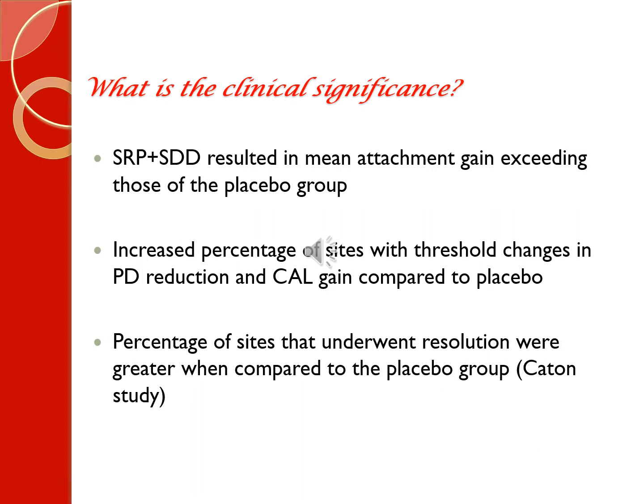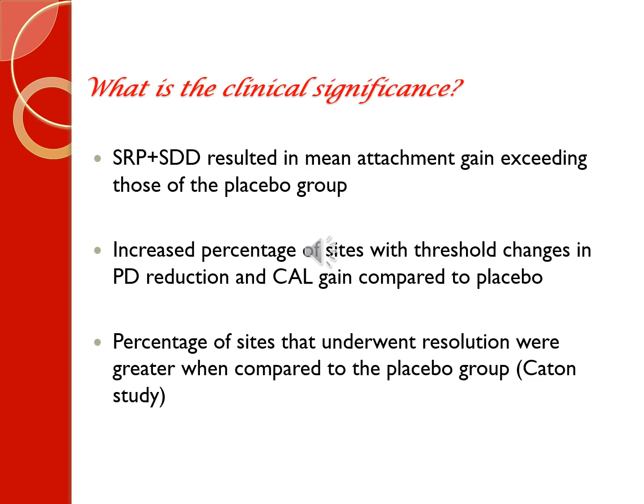Based on various studies, what was the clinical significance? That is, what advantage did you find when you give SDD as a host modulating agent? When they combined SRP, that is scaling and root planing, with SDD, it resulted in mean attachment gain exceeding that of the placebo group.